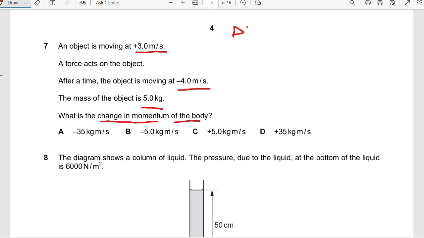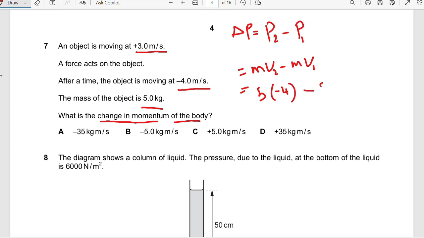Remember, change of momentum is going to be momentum 2 minus momentum 1. So it's going to be mv2 minus mv1, which is 5 multiplied by negative 4, right?